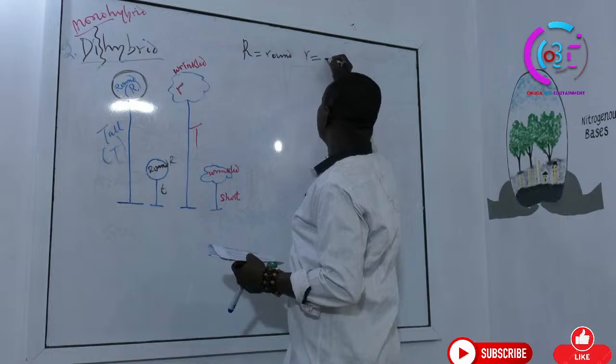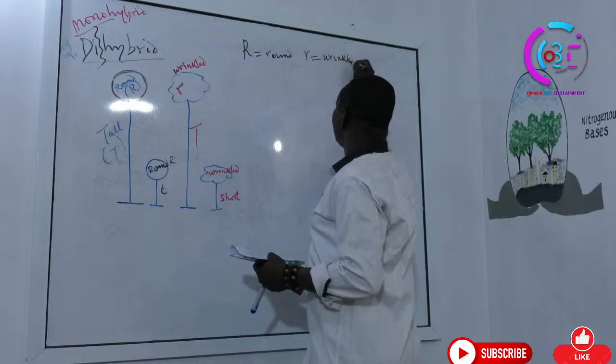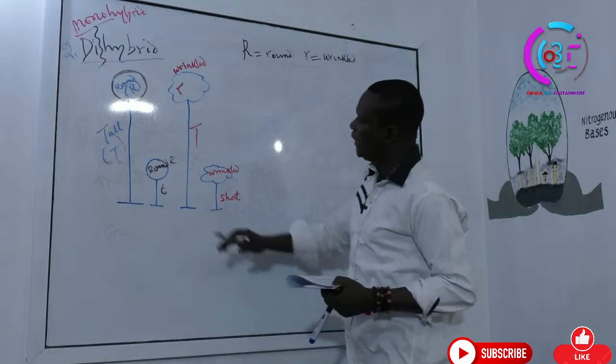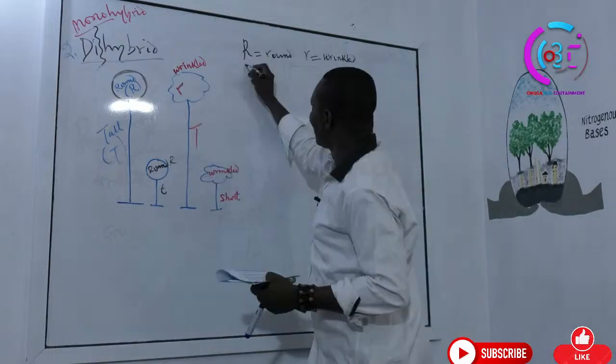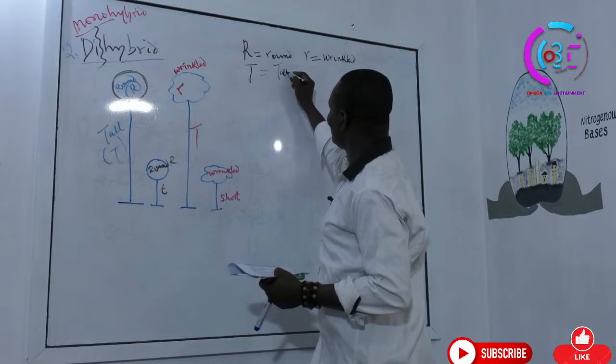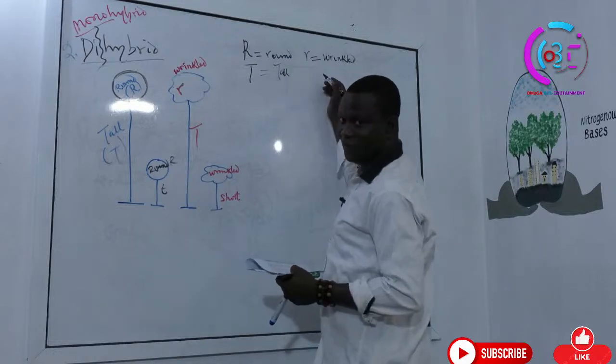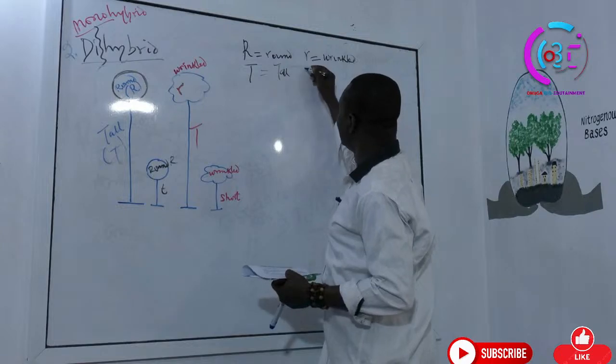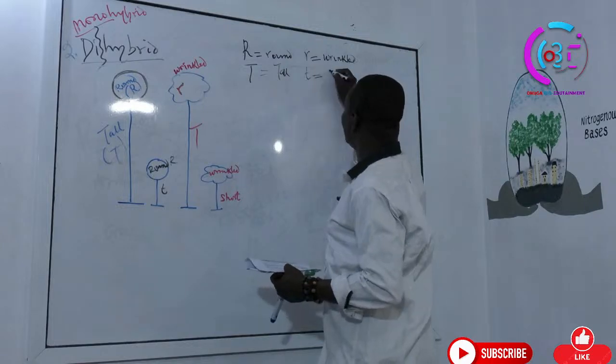Wrinkled. Then capital letter T represents whether the plant is going to be tall, and the alternative form of it is small letter t, which is going to be short.